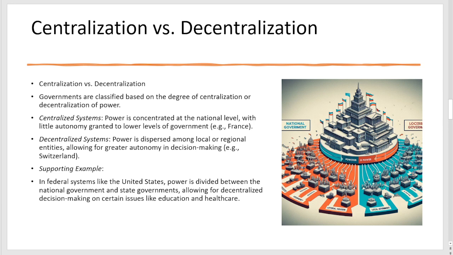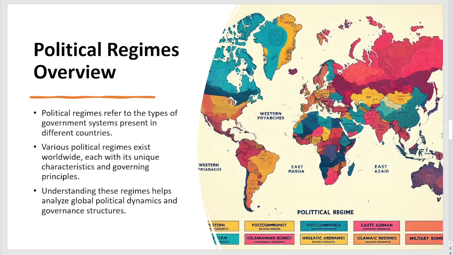Now, when looking at political regimes, political regimes refer to the types of governing systems in different countries. Various political regimes exist worldwide, each with its unique characteristics and governing principles.